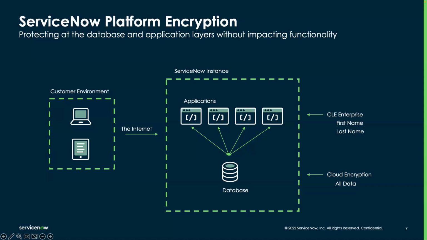Both of these also use customer managed encryption keys that they can control from right inside their instances, with no need to interact with anyone from ServiceNow. So finally, remember that the competitive differentiator for us is that we can provide this app layer encryption while still allowing those encrypted fields to work with app functionality.